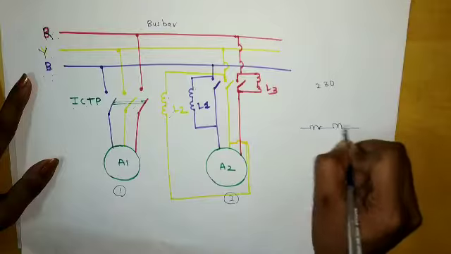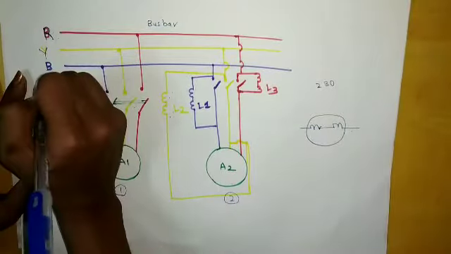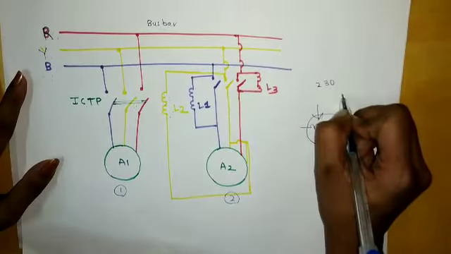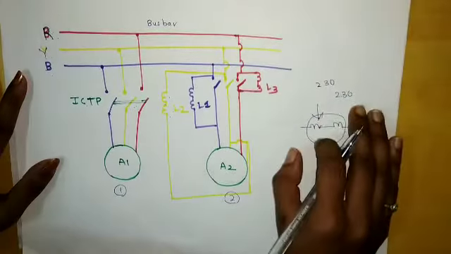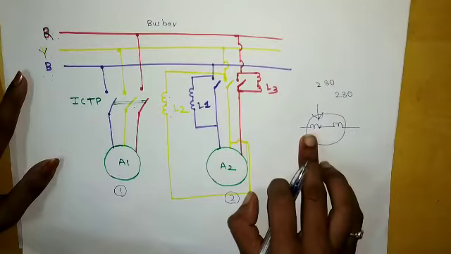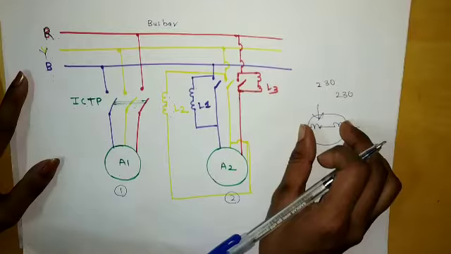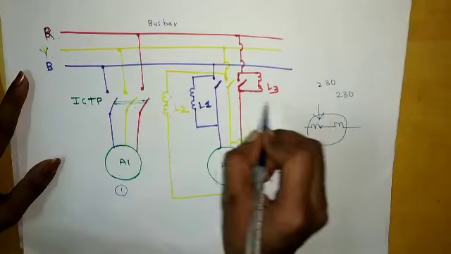Because we are giving a three phase supply of 440 volts, and one lamp is rated approximately 230 volts. If we give 440 to a single bulb, it will get damaged. So we are using two bulbs, which means the voltage will get divided.